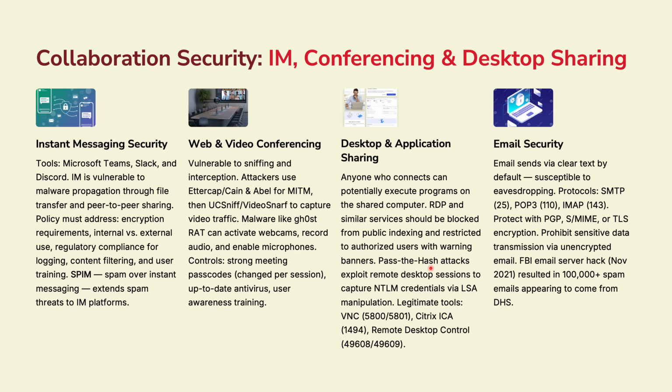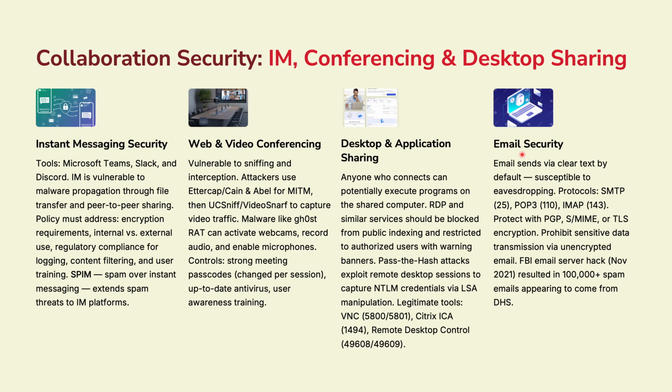Okay. Now, last one, email security. Email was designed before security was a primary concern, and by default, it transmits data in clear text. Now, of course, this does not have to be the case. All emails right now are not being encrypted.